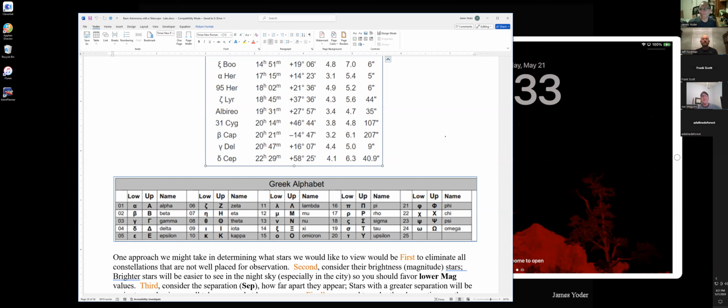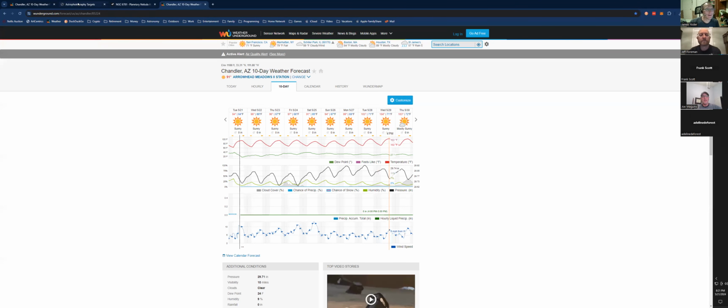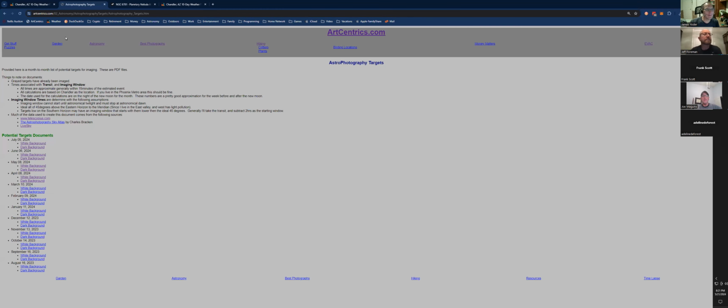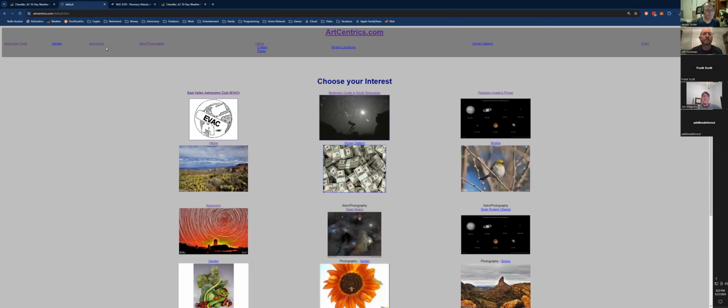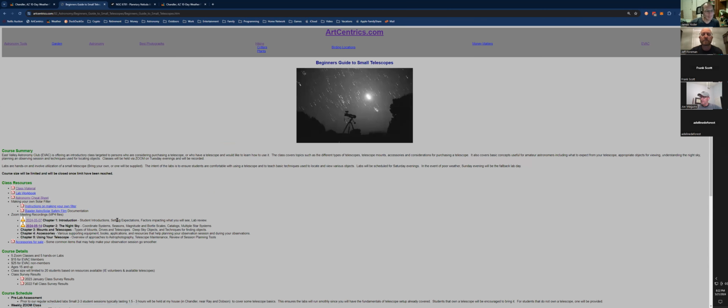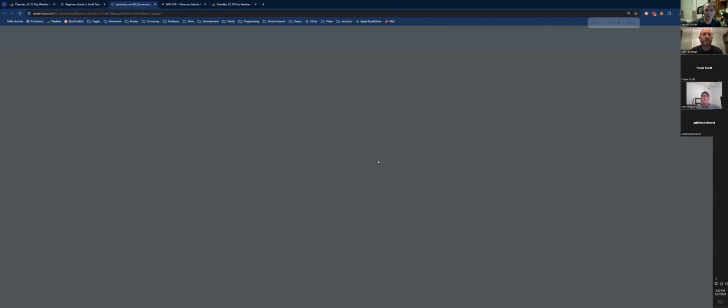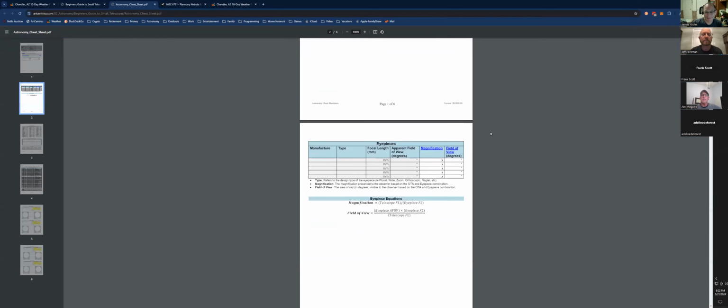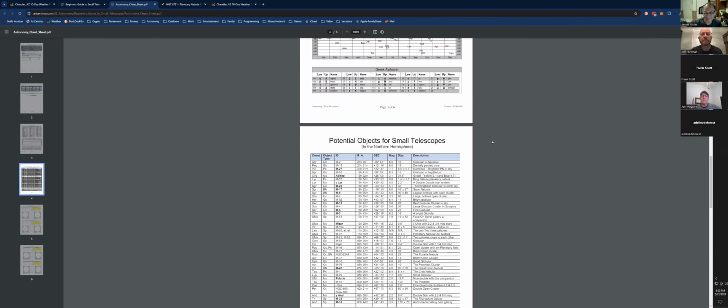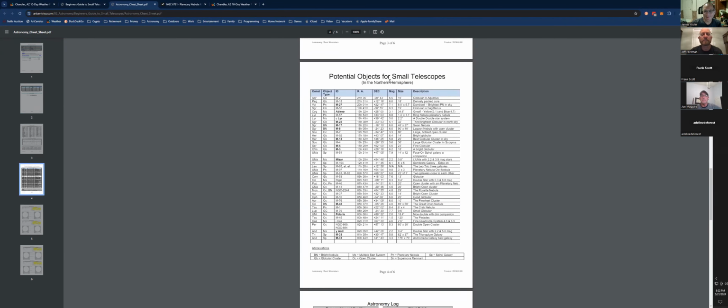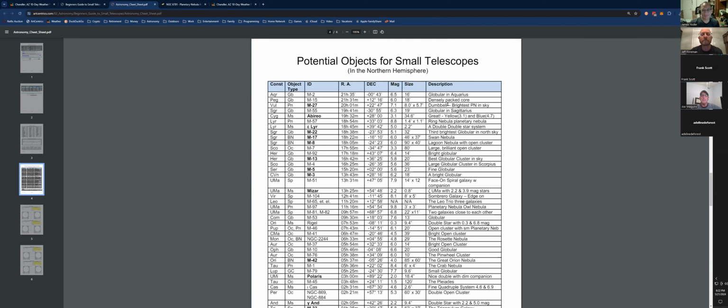For going camping, my recommendation would be to go into the website. Remember on the first class we had, if we go into the beginner's guide, this astronomy cheat sheet, clicking on that and scrolling down, there's a list of potential objects for small telescopes.